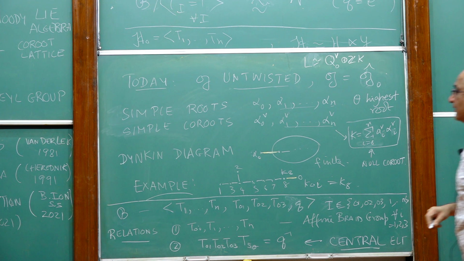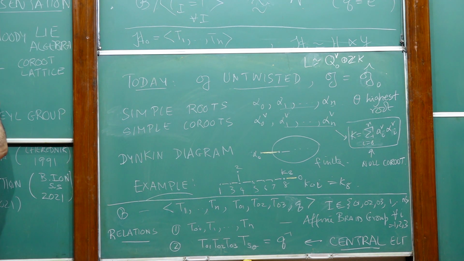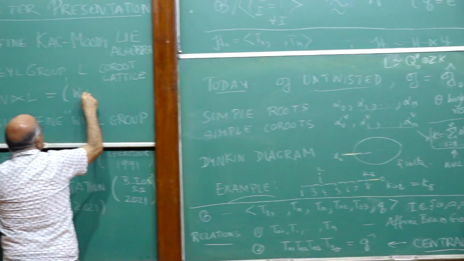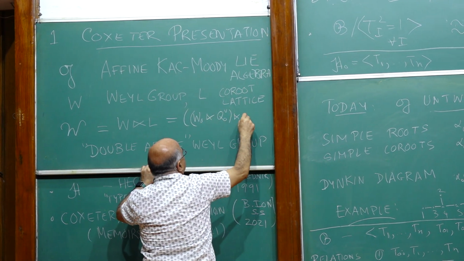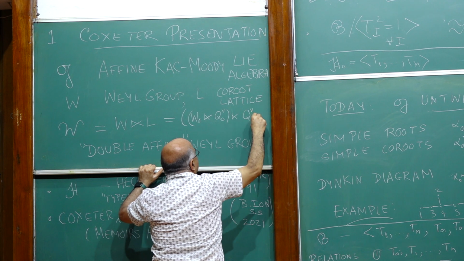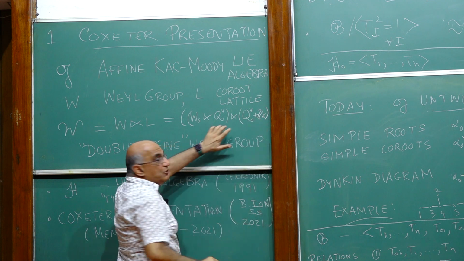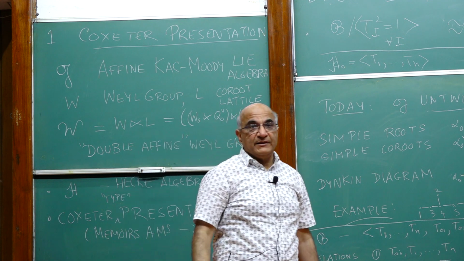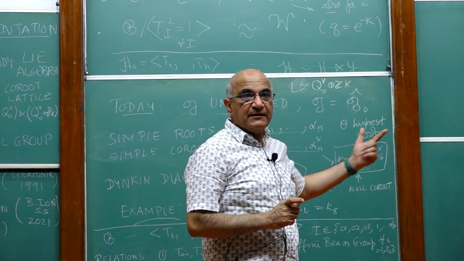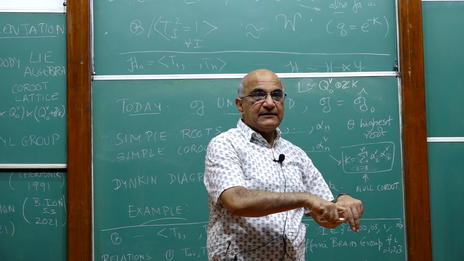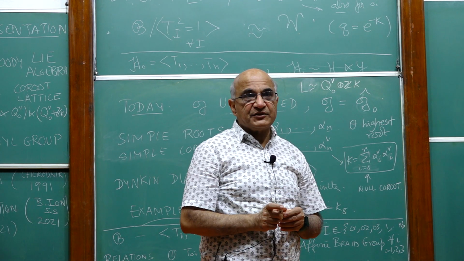So on the face of it, you can see that this is W0 semi-direct product Q0 check semi-direct product Q0 check plus ZK. So you see two copies of the lattice there anyway. And that's basically 1 and 3. The lattice 2 is kind of hidden in there, and when you make it explicit, the description becomes simple.